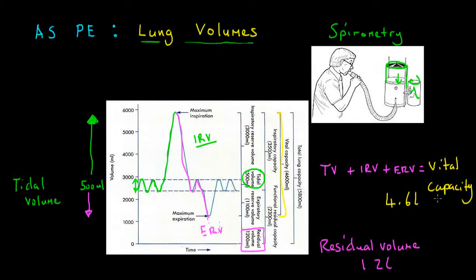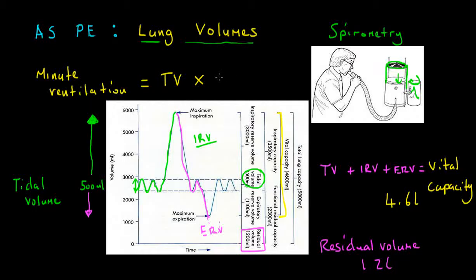But what if we were calculating by the minute? We've got an equation for that. The amount of air we breathe in and out during a minute is what we call our minute ventilation. Minute ventilation equals the amount that we're breathing in and out per breath, so our tidal volume, multiplied by, well, what would that have to be to get the amount of air per minute?